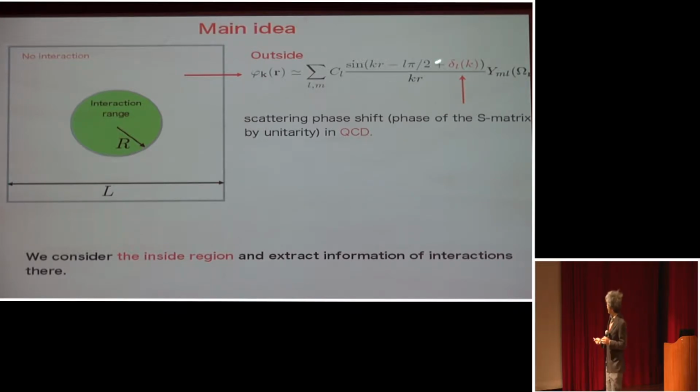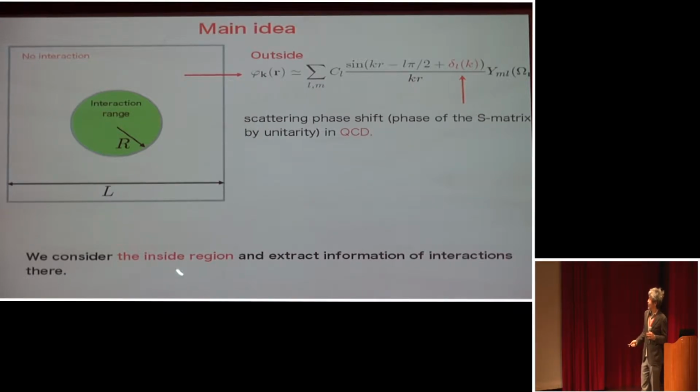The important point is that we have the phase shift delta_L, but this phase shift is related to the asymptotics of QCD, not quantum mechanics. It's field theory. It's the asymptotics of QCD. That is a very important property of the NBS wave function, and it can be derived by using the Lippmann-Schwinger equation or something similar.